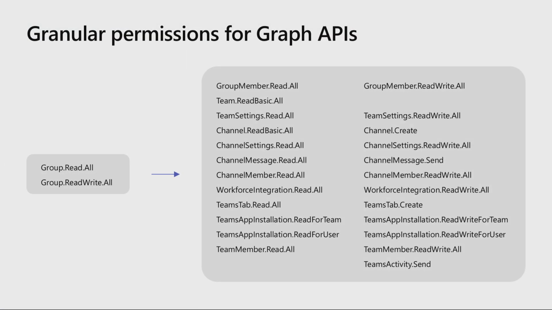And before I go there, to level set on the granular permissions and how we have expanded the scope of Graph API. On the left-hand side, you see only Group.ReadWrite.All, which provides the access to all these different permissions on the right-hand side.